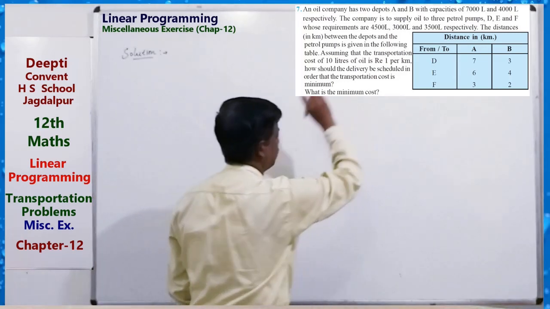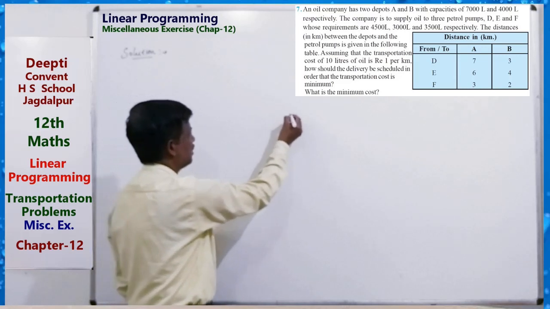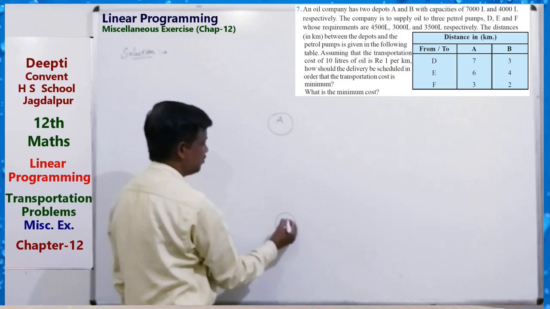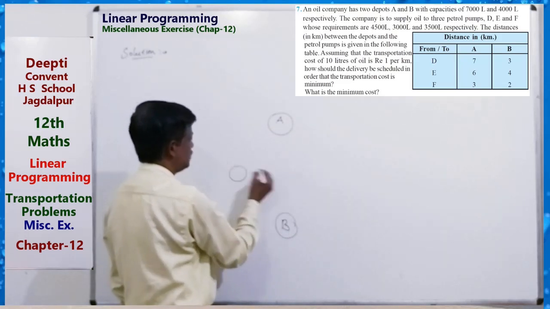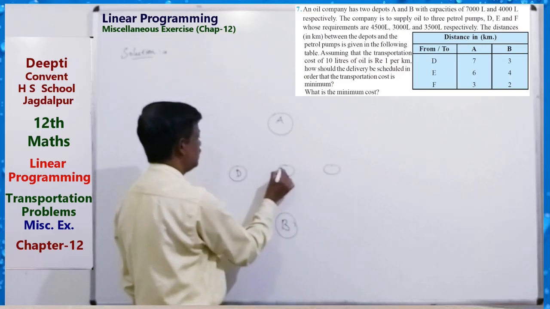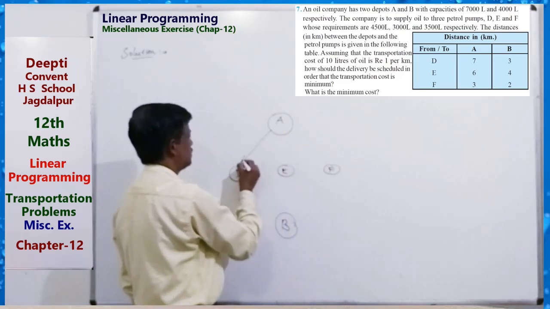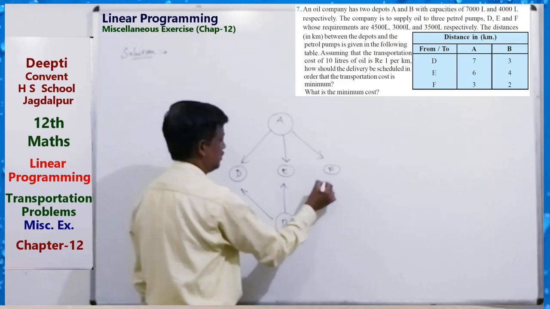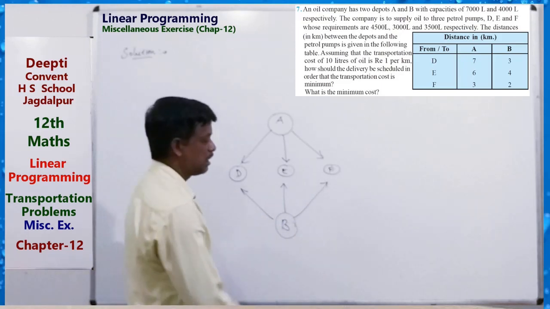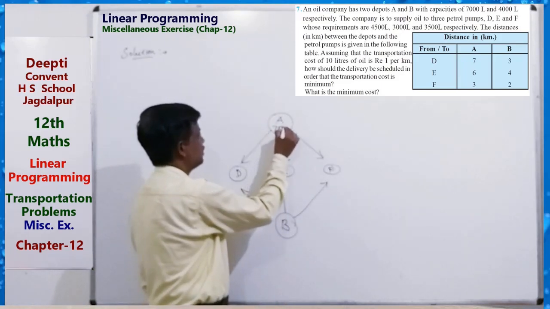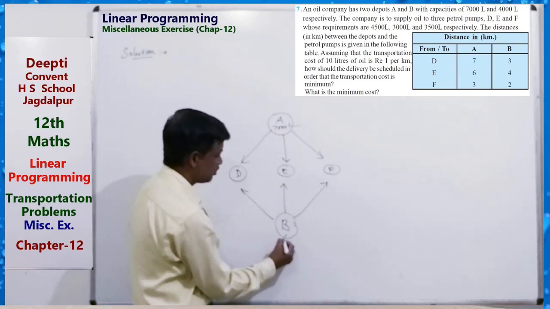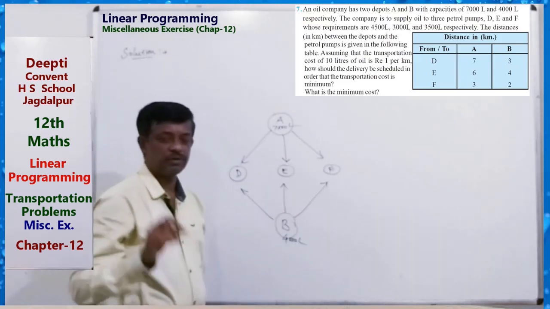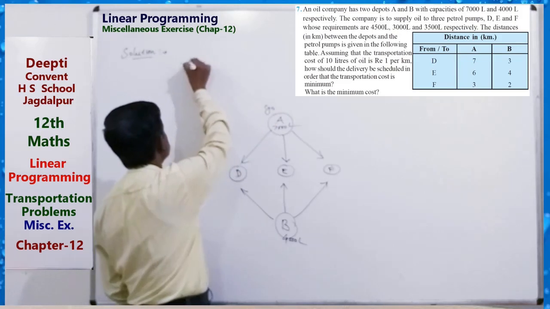Here you can make it like this. This is depot A, this is depot B. The 3 petrol pumps D, E, F are supplied like this. Its capacity is 7,000 liters, and the other's capacity is 4,000 liters. This is question 7.